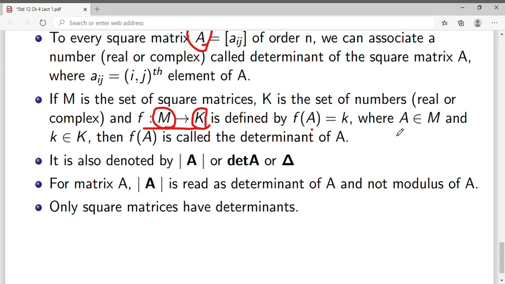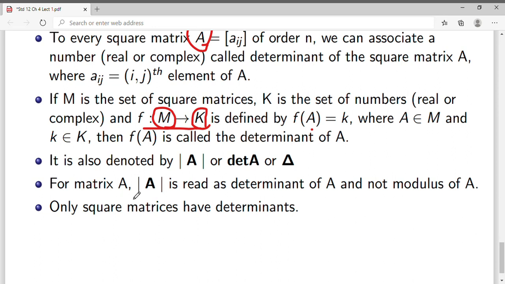So f of A gives us some real number, and this is nothing but the determinant of A. I think the definition of a determinant is clear.